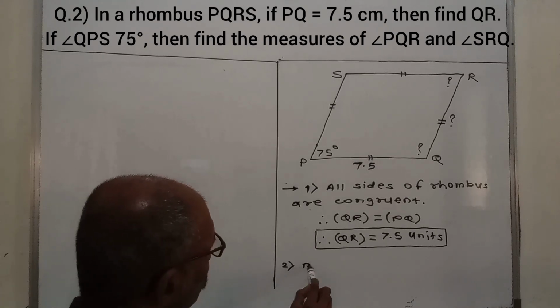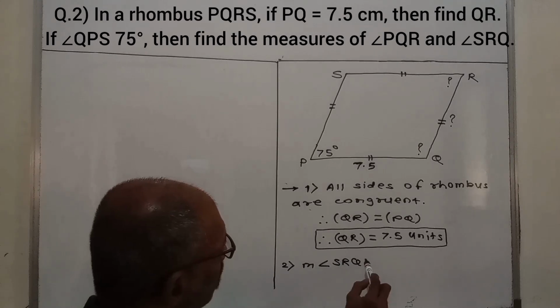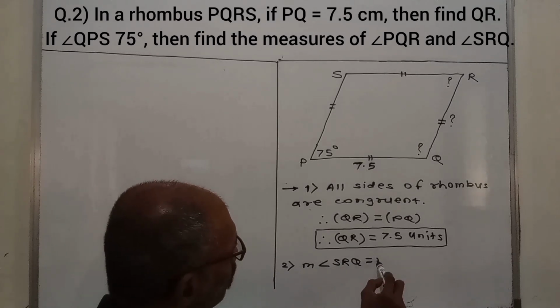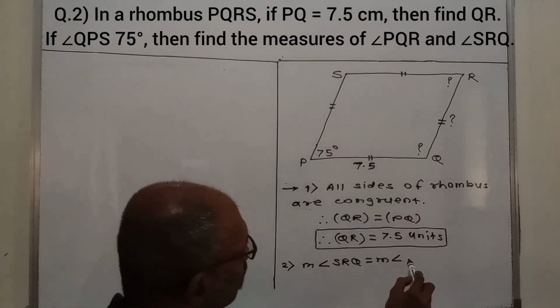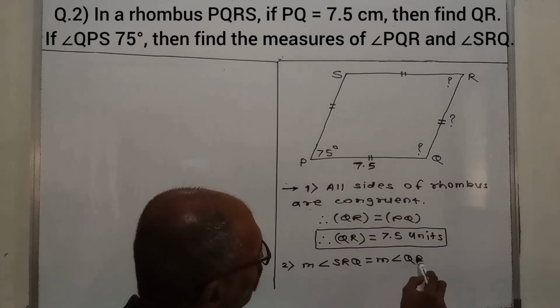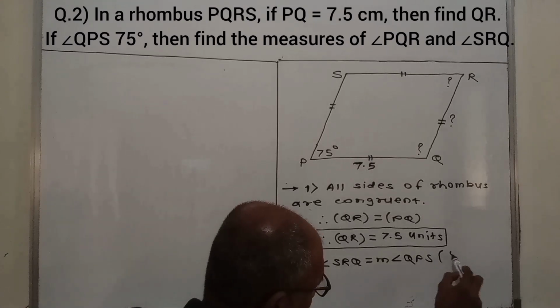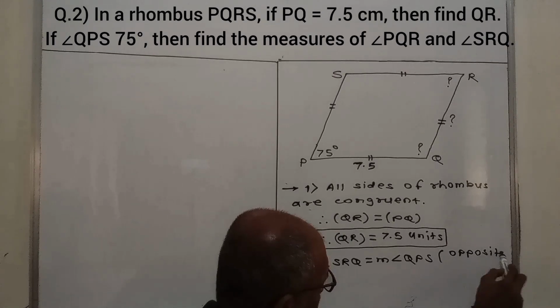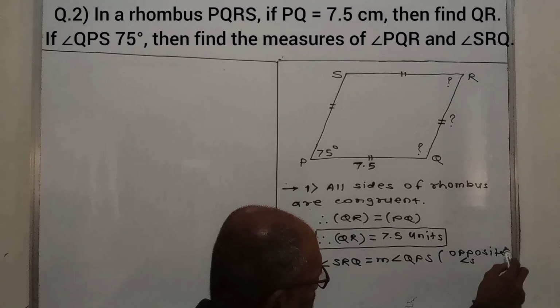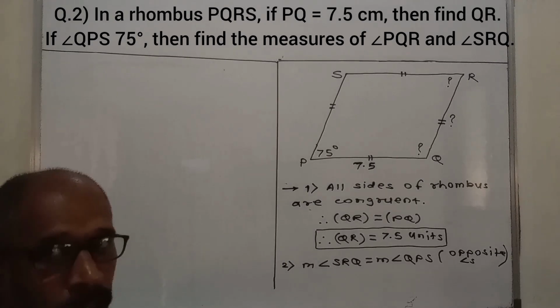Okay, see here, measure angle SRQ is equal to measure of angle QPS, because these are opposite angles of rhombus.